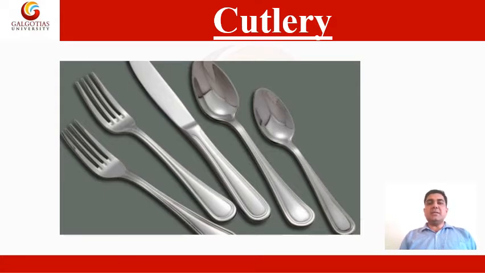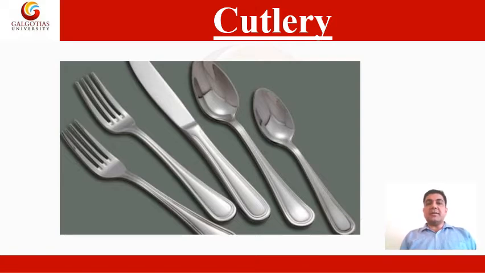Cutlery is a very famous word which you may have heard many times, or maybe you use it in your daily life. But as a definition, we should know what exactly cutlery means.